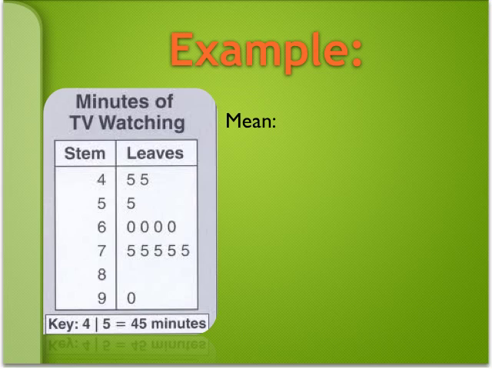Next, we're going to talk about the mean. And mean is just the average. And in order to find the average, we add up all of our numbers and then divide by how many we have. So we're going to add all of our numbers.